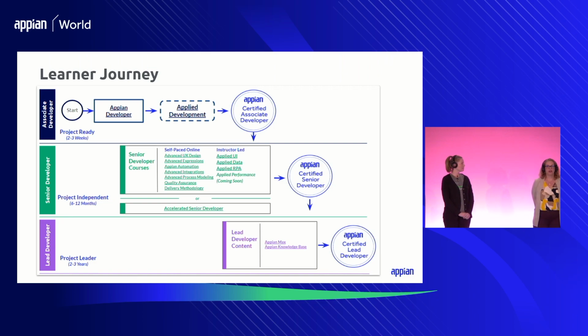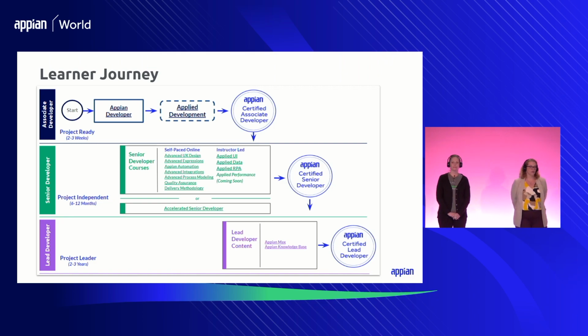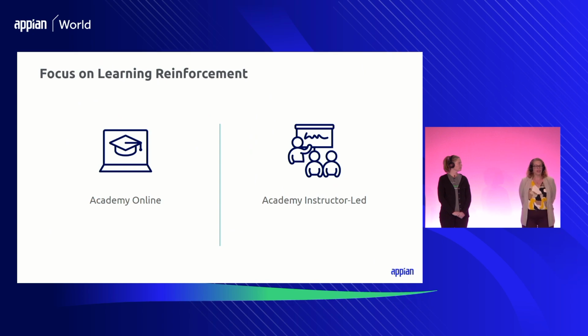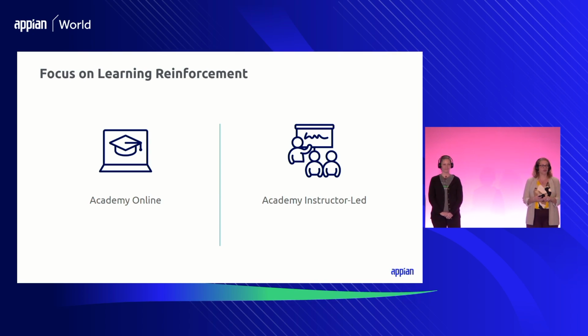Our Appian Developer Online curriculum, or even our Applied Developer Instructor-led courses, are the perfect starting point for your new developers. And an ideal learning experience for new developers is to enroll in one of our Applied Developer courses because it uses our online developer curriculum as a starting point and then incorporates solving real business problems in a learning cohort, or a group of other learners, right, with the support of one of our amazing Appian instructors.